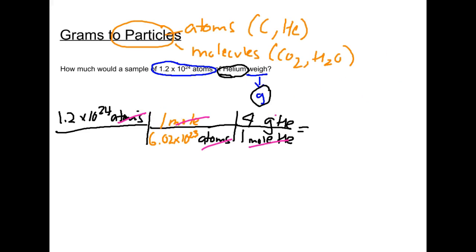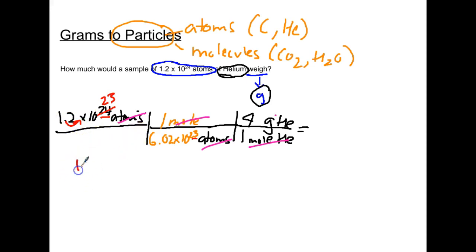But quick, small reminder, since these exponents, 23rd and 24th, are not the same, we need to do something that will allow us to make them the same. So when I lower this exponent to the 23rd, I need to move the decimal point over 1 place to the right.